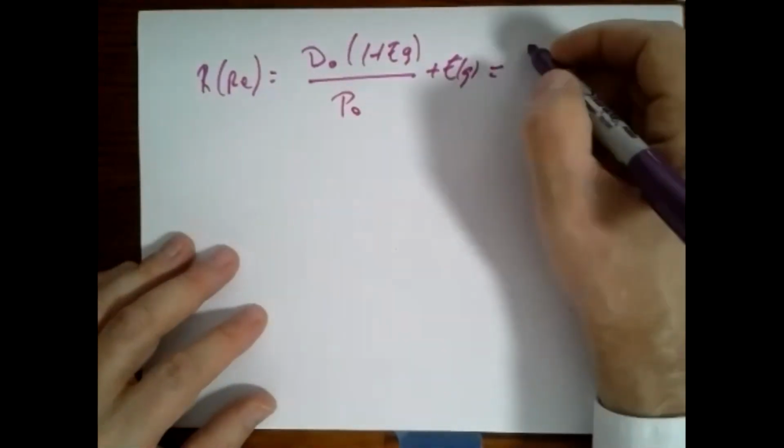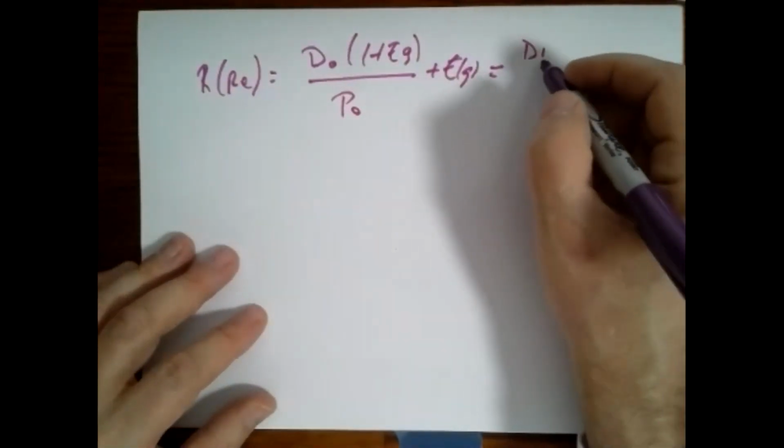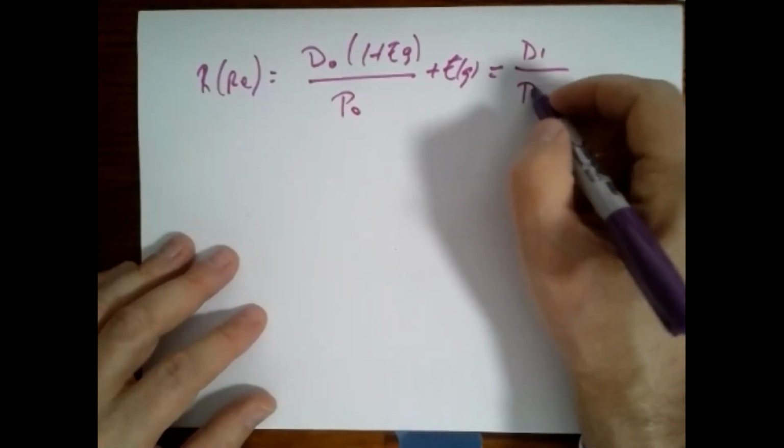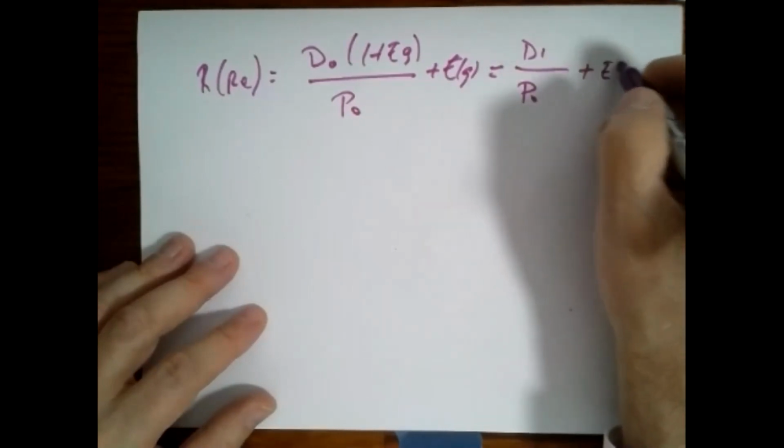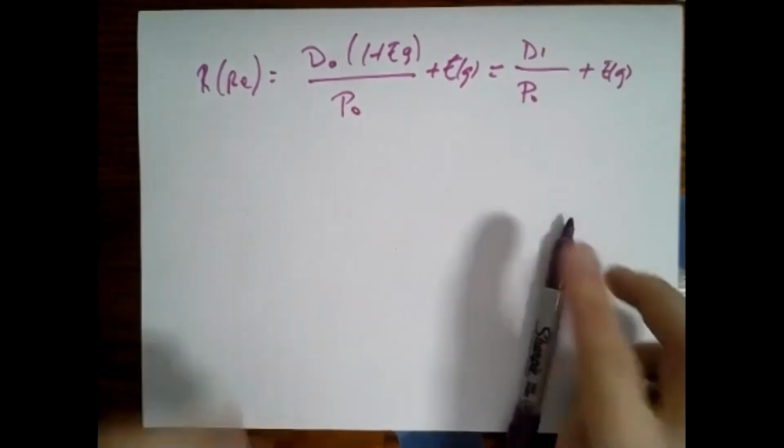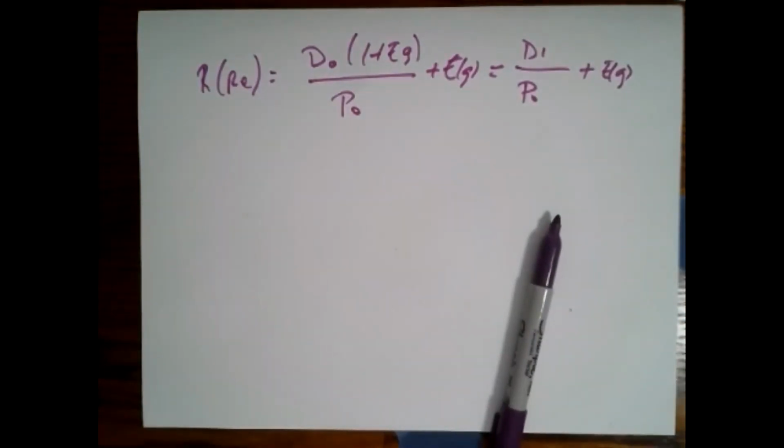Which is also the equivalent of the forward dividend, the next dividend, divided by P0 plus EG. So let me show you a quick example of what I'm talking about.